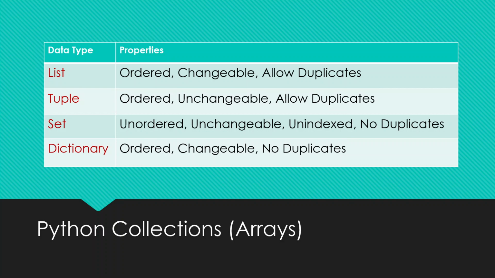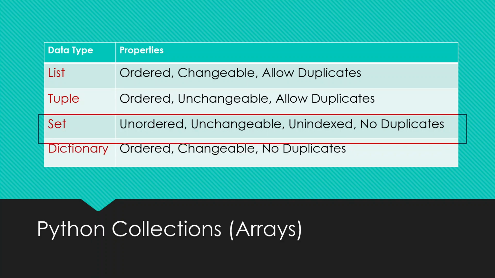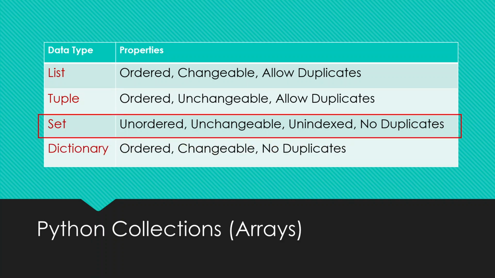In this video, I'll take you through and demonstrate the properties of a set. So a set is one of the four built-in Python data types, and it has the following properties.